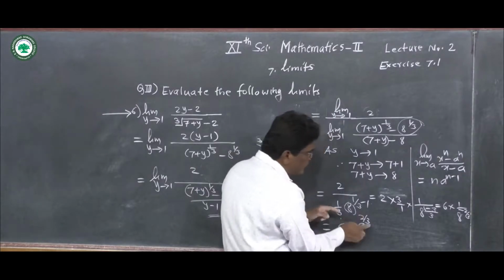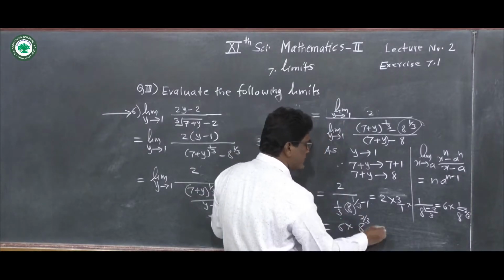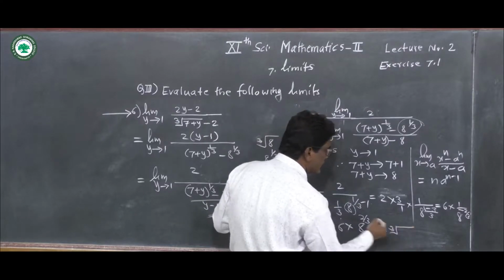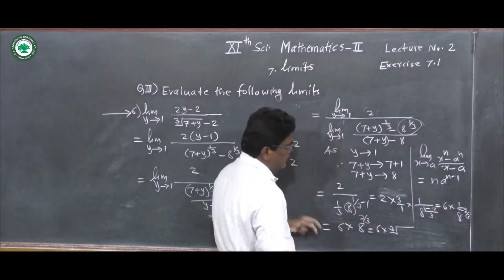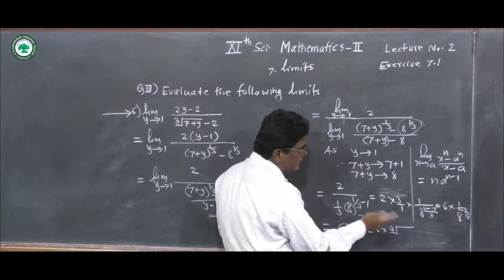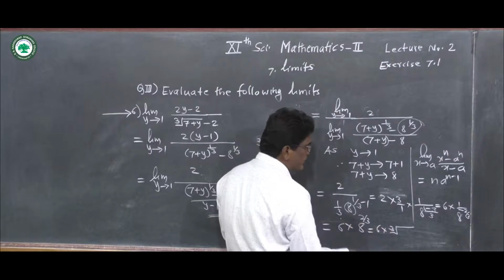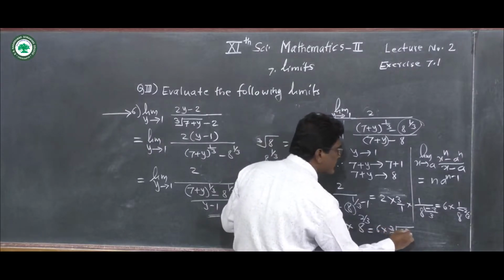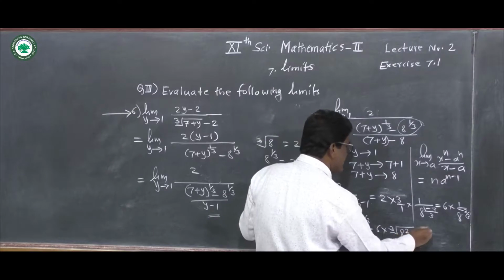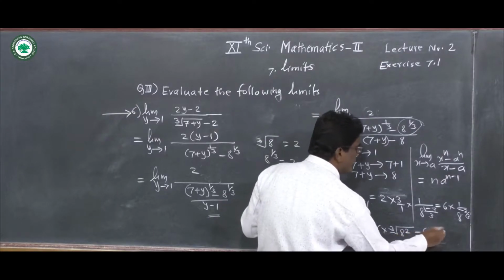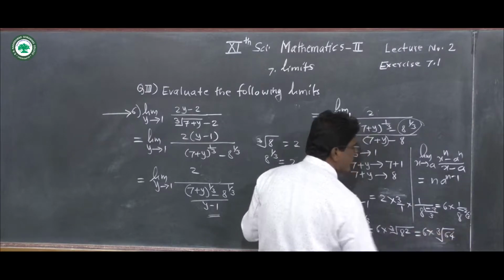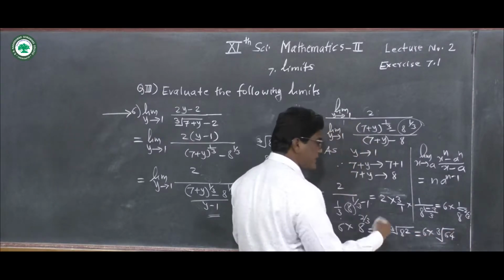Now 1 by 3 means cube root, so it is equal to 6 into the cube root of 8 squared. 8 squared means 64, and the cube root of 64 is 4.